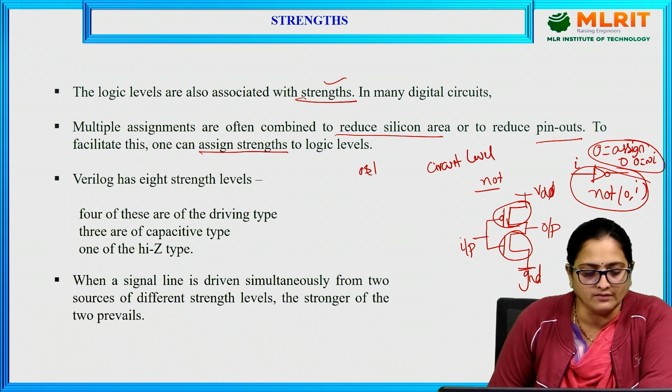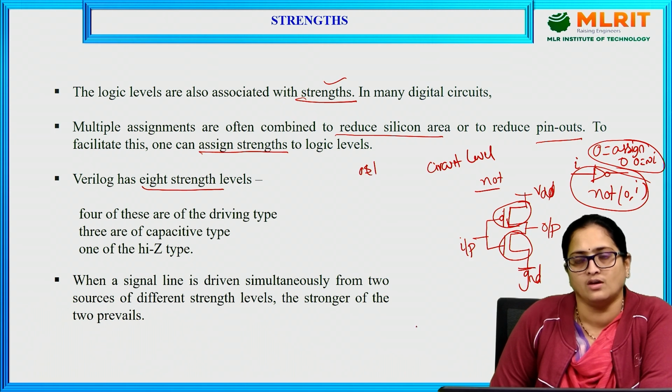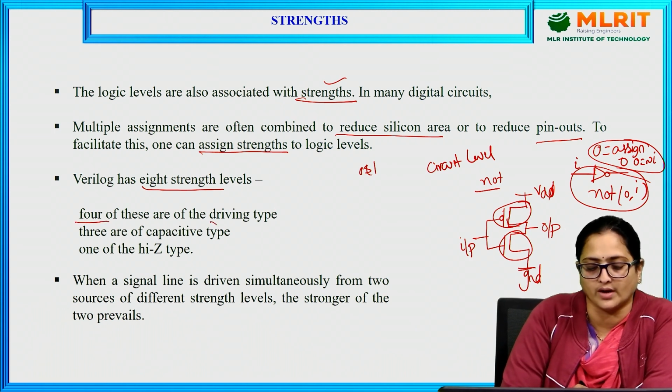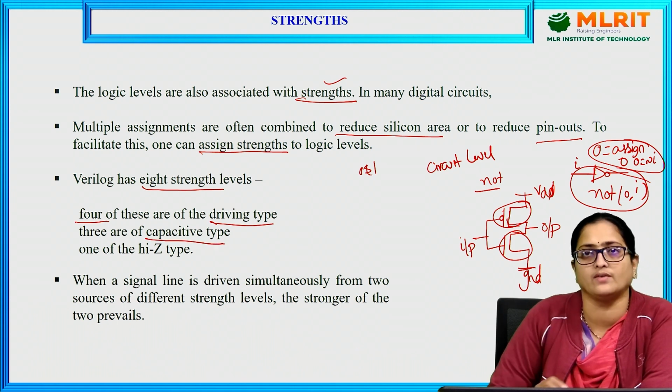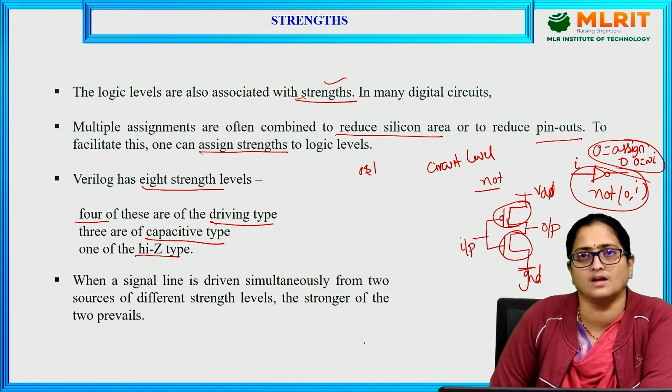So, generally, Verilog has 8 strength levels. In that, 4 of them are used to drive the types, 3 of them are used to drive the capacitive types, and one is used to represent the high impedance type. We'll see step by step in the next slide.